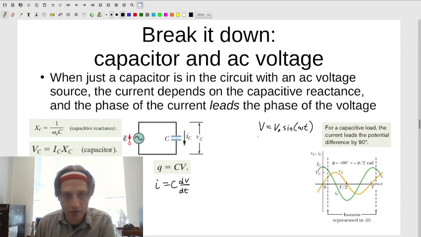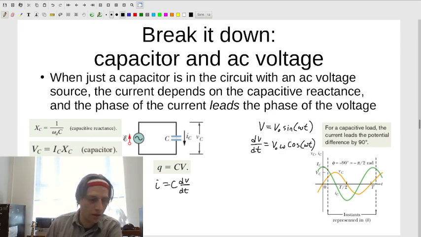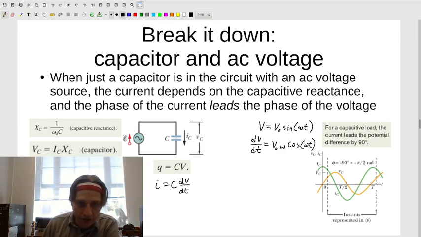If I take the derivative of that, it's going to, for one thing, bring out an extra factor of omega. So that's going to be V naught times omega. And then this is not going to be sine, it's going to be cosine. Okay, and so if I put this in now, I would get I equals C times V naught omega cosine omega t.